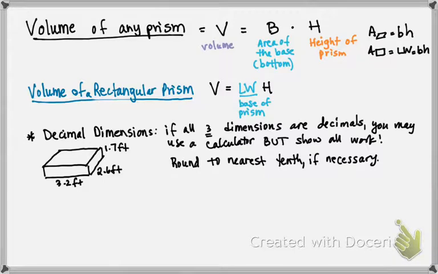They're not going to give you any more because there's only 3 unique numbers in all rectangular prisms. They just match up in different ways for the different sides, okay, pairing of sides. But with volume, that doesn't really matter. So we start with the formula, volume equals length times width times height.